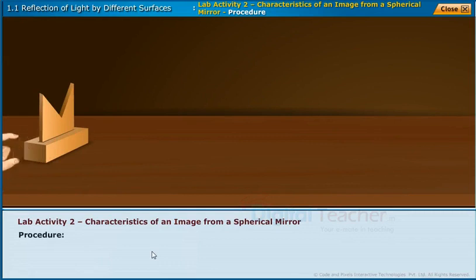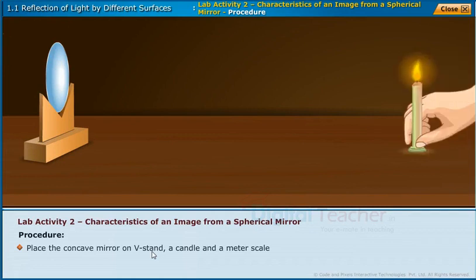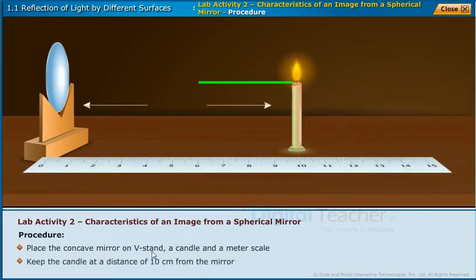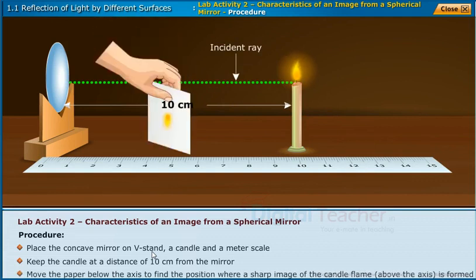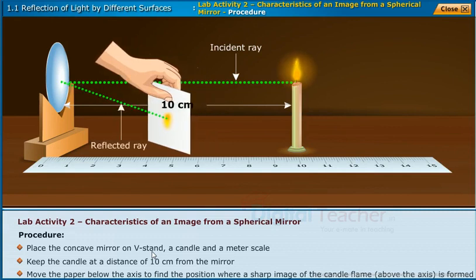The procedure involves the following steps. Place the concave mirror on the V-stand, with a candle and a meter scale. Keep the candle at a distance of 10 cm from the mirror. Move the paper below the axis to find the position where a sharp image of the candle flame above the axis is formed.